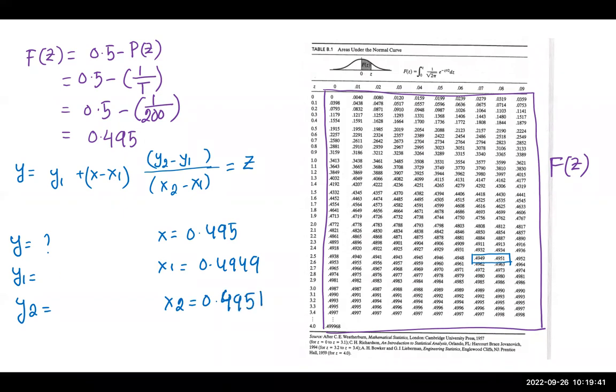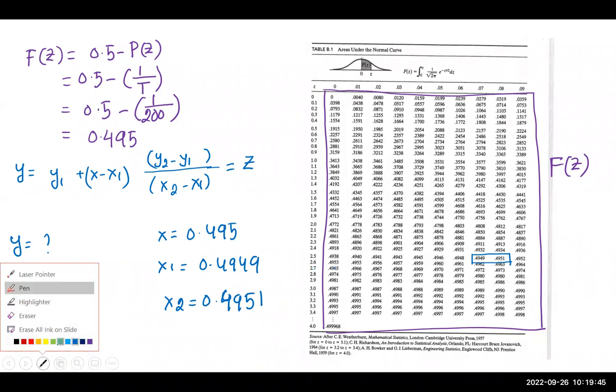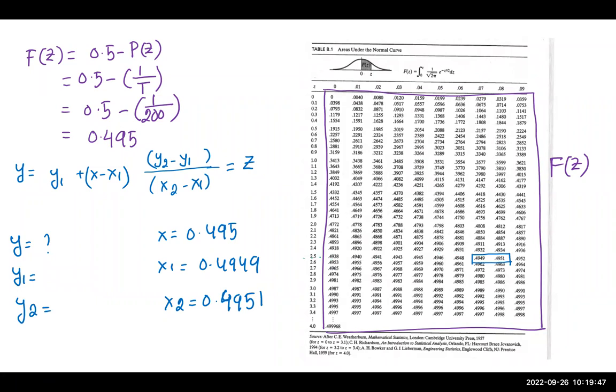Now, what is the z value for the first Fz? Do we remember how to find the z value? 2.5 plus 0.07, which is 2.57, and the next one is 2.58, right? For this one, 0.495 is exactly in the middle.